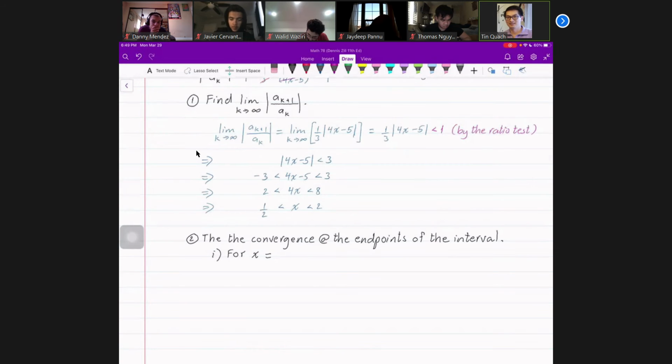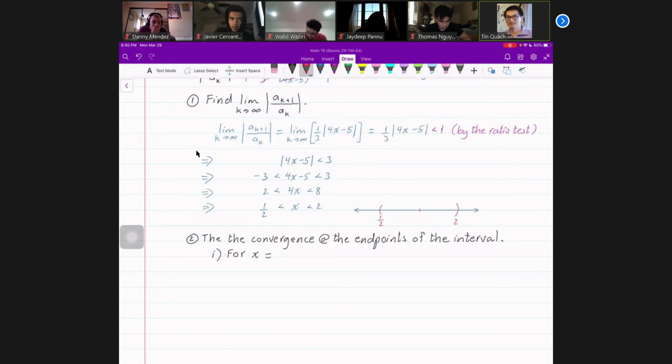So let's sketch that. So here is 1/2. And here's 2. So guess what the center is in this case?